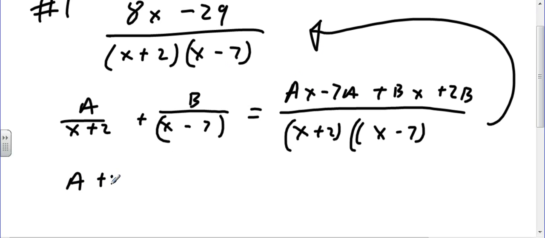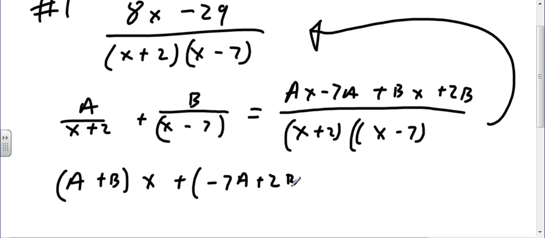A plus B times x plus minus 7A plus 2B has to equal 8x minus 29.